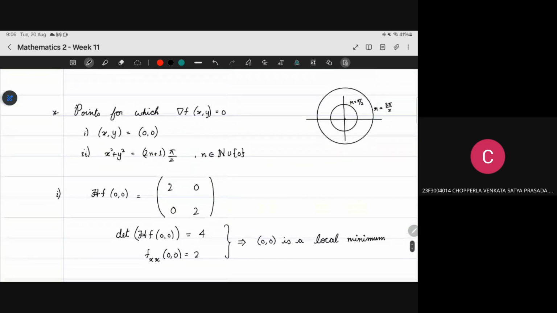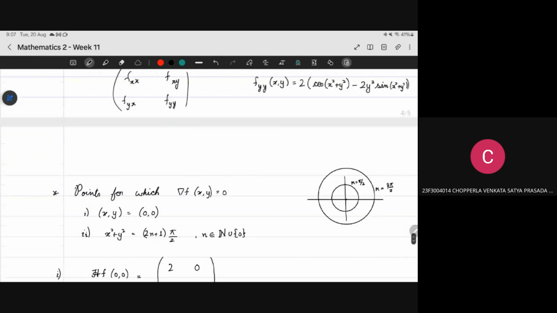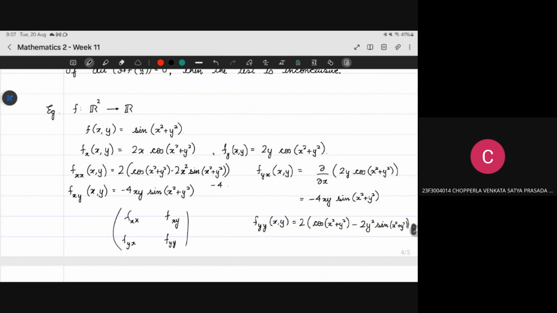Now, if I have x square plus y square is equal to 2n plus 1 pi by 2, that is the next set of points that I have to look at, for an appropriate n. What does this come out to be? This will be something like minus 4 x naught square.